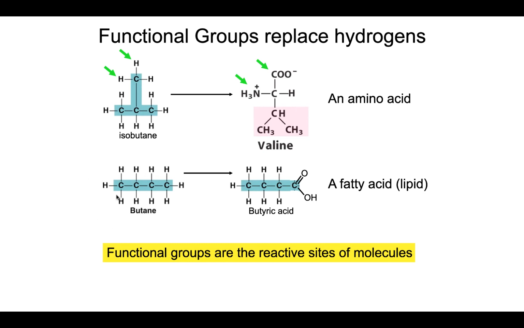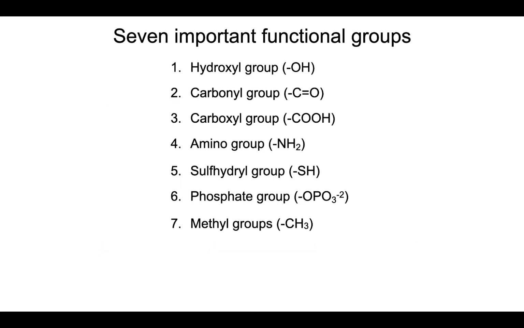We can take butane here, again, just a hydrocarbon, a carbon chain of 4 carbons long, and we can lop off that last carbon and replace it with a carboxyl group, and now we have a fatty acid. This butyric acid has very different chemical properties than butane. Okay, so let's take a look at these 7 functional groups.